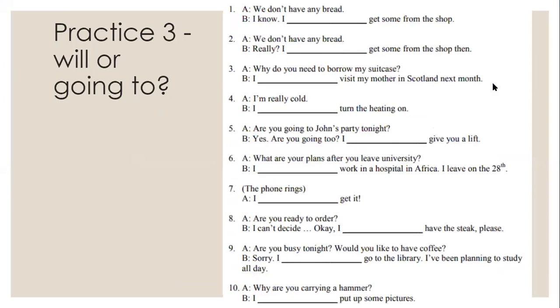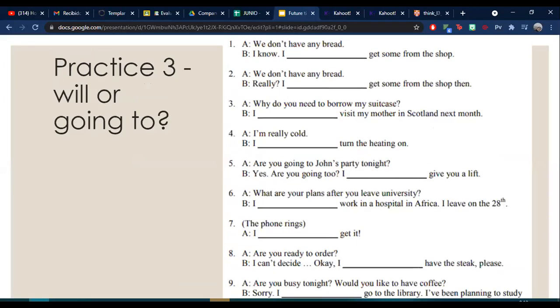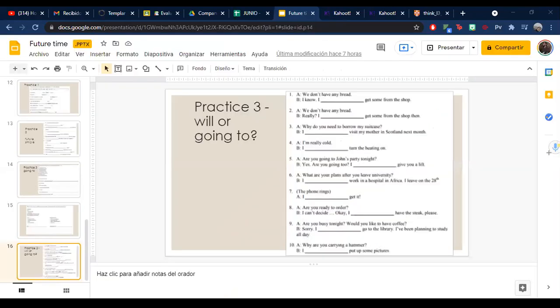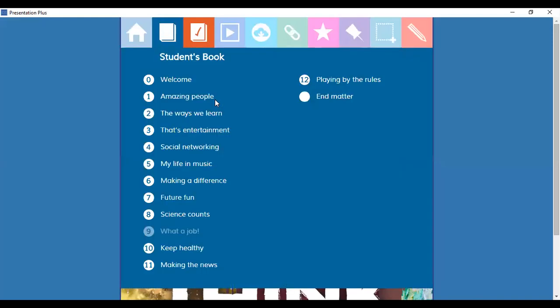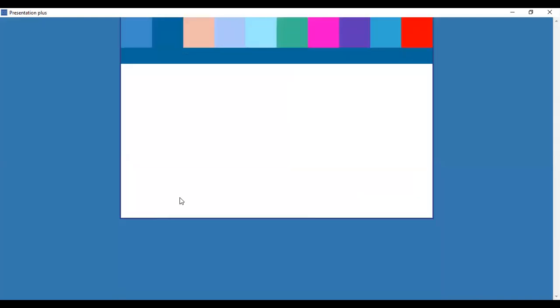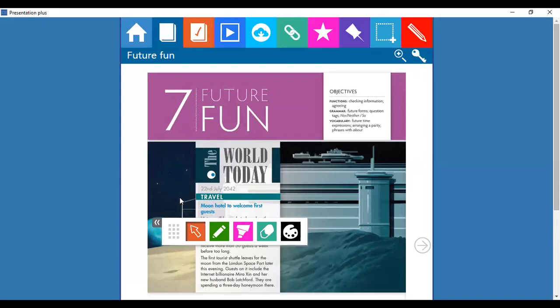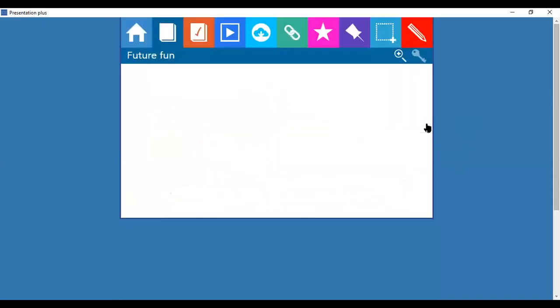So what I'm going to do now, we're going to practice this out, not here. Okay, we're going to use our book. I'm going to go to the book now. Okay, I'm in the book now. I'm coming to the unit number 7, which is the unit number 3 for us.